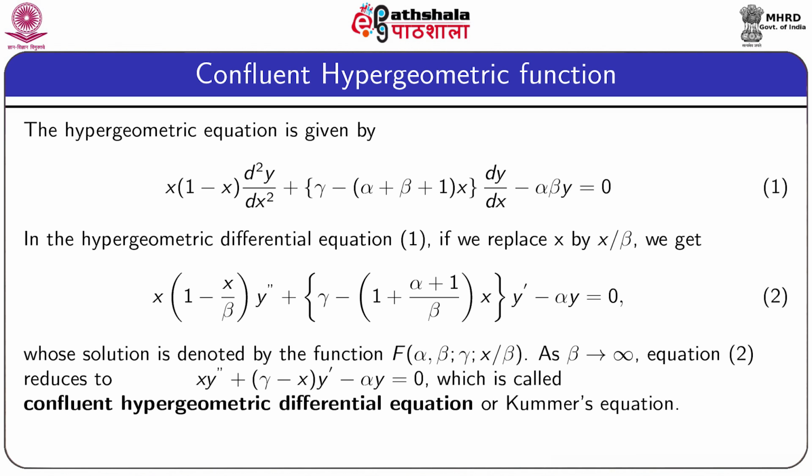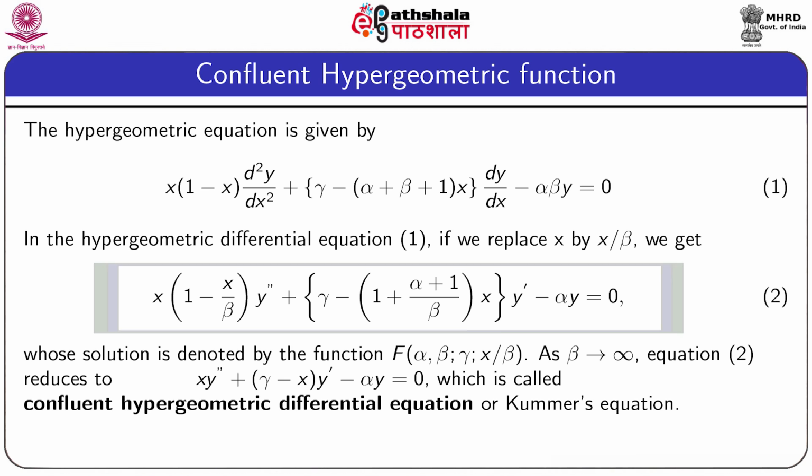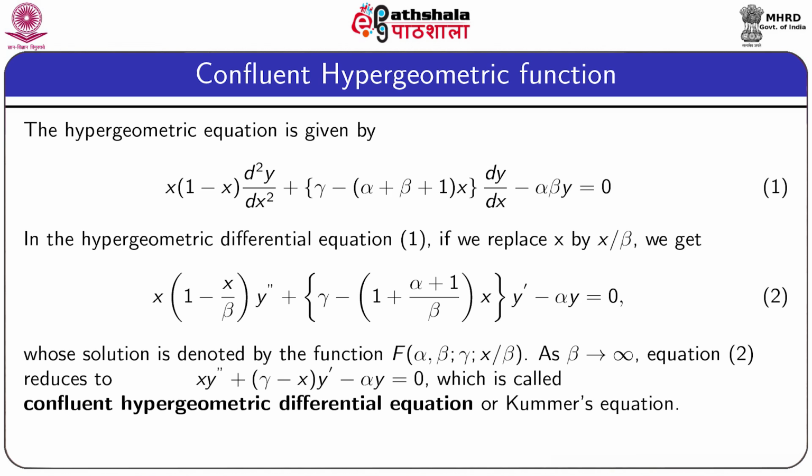So, in equation number 2, which you obtain after replacing x by x/beta, it is simplified and we get x into 1 minus x/beta d2y/dx square plus gamma minus 1 plus alpha plus 1/beta into x into dy/dx minus alpha into y equal to 0. And we denote this function by f of alpha, beta, gamma and x/beta.